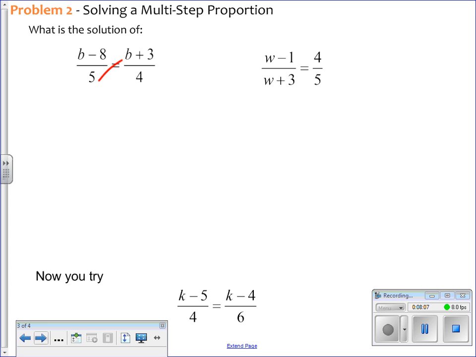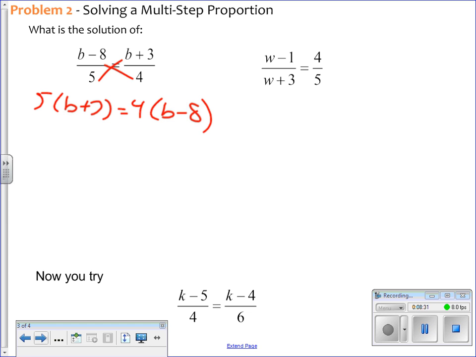5 times b plus 3 is equal to 4 times b minus 8. Cross multiply. Doesn't matter how ugly the fractions are, this will work. And believe me, I've done a lot uglier than this.